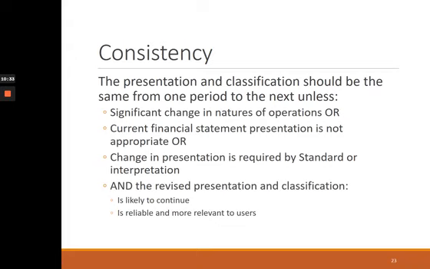And the revised presentation and classification must be likely to continue and is reliable and more relevant to users. So your presentation should be the same unless there's been a change in your operations or your current financial presentation is not appropriate and you want to improve, or there's been a change in your standards themselves and you need to revise your presentation in order to comply with those standards.